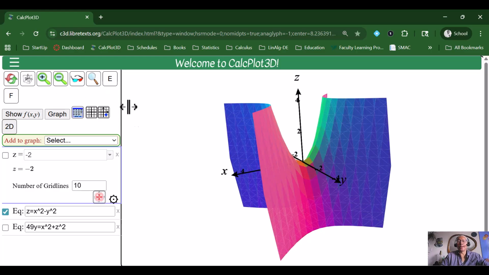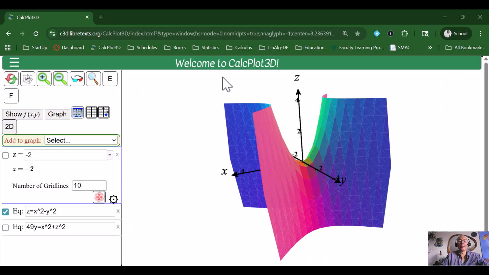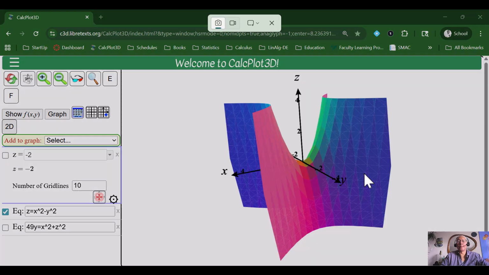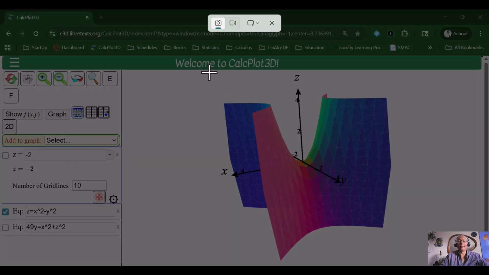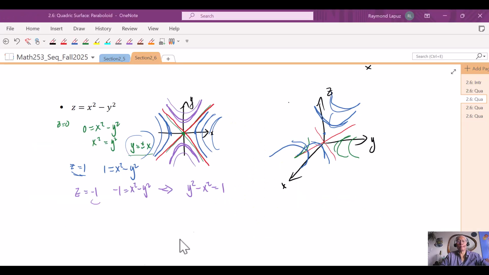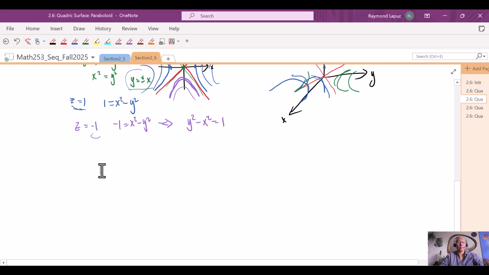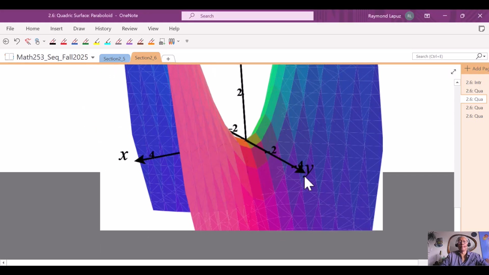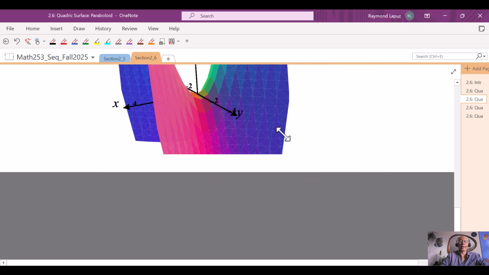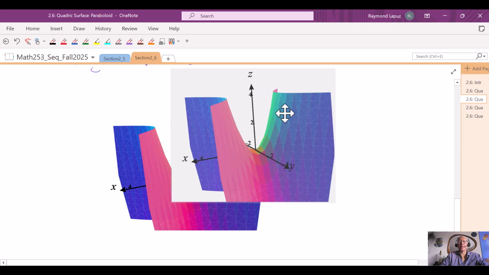Maybe I'll take out the edges and then just take a quick snapshot of this and send it to our notes. Whoops. So instead of looking at our rough drawing, let's take a look at this point of view. It looks a little bit neater.